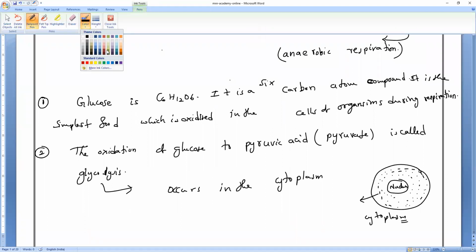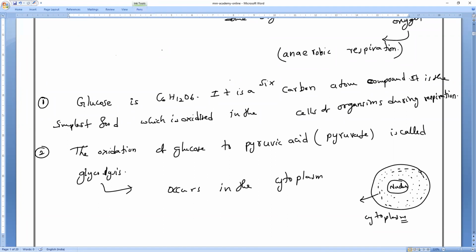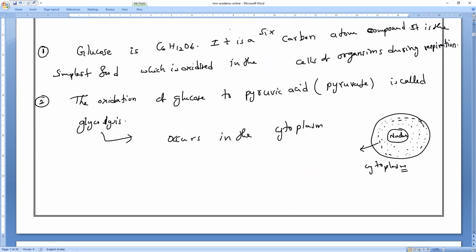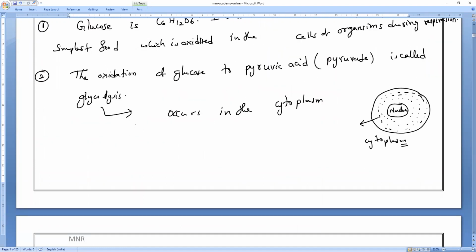Clear, everyone? Understood? So this oxidation of glucose to pyruvic acid does not require oxygen. Very, very important, all of you remember that. Because glucose will just break into some other things, an intermediate product called pyruvic acid. That is the most important point.